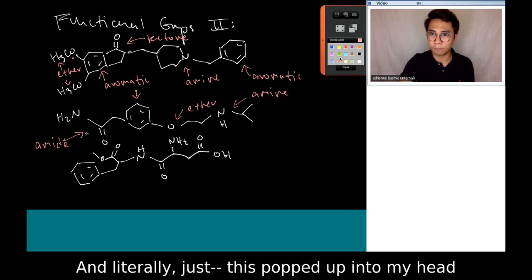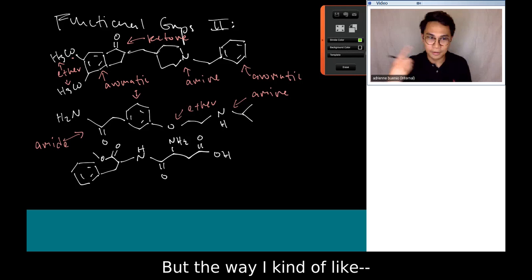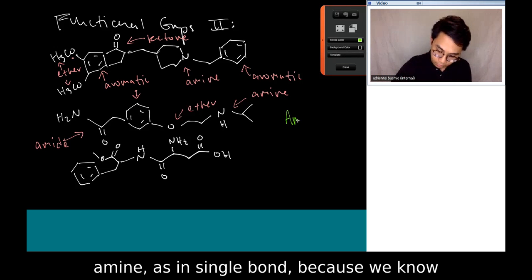And I literally just, this popped up into my head last semester after 2 years of teaching, the way I differentiate amine and amide. Amine, as in single bond, right?